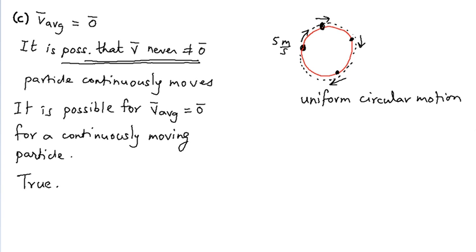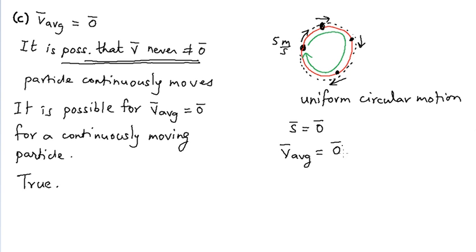Now imagine that the particle completes exactly one revolution, that is, the particle comes back to its starting point. If we consider what is the displacement of the particle, s bar, clearly since the particle has reached its starting point, the displacement must be equal to 0 bar, and hence the average velocity of the particle during this particular time interval is the displacement upon the time taken.